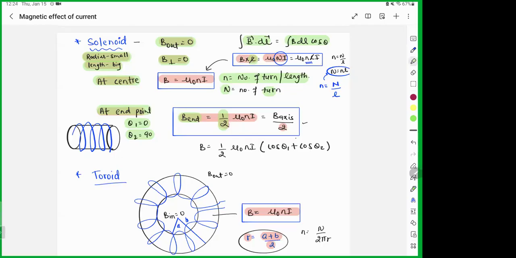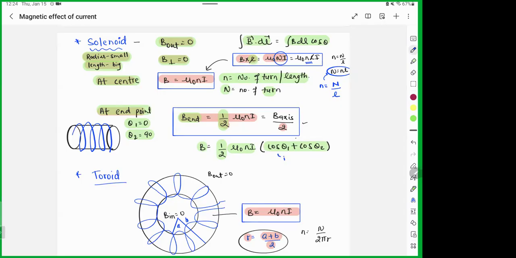Got it? Reason? This. This is the real formula of the magnetic field: 1 by 2 mu naught n I (cos theta 1 plus cos theta 2). In case of a solenoid at the center, what will happen? These thetas will be 0. So cos 0 value is 1, plus 1.